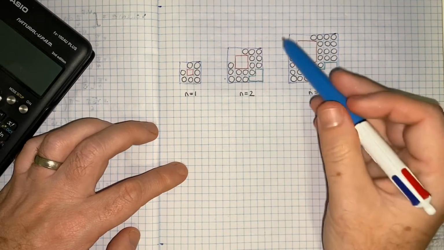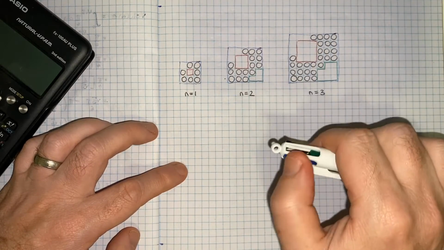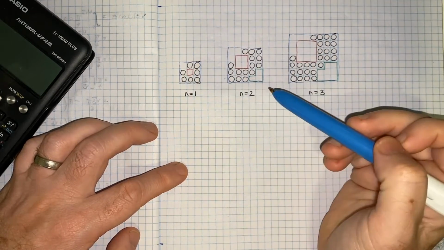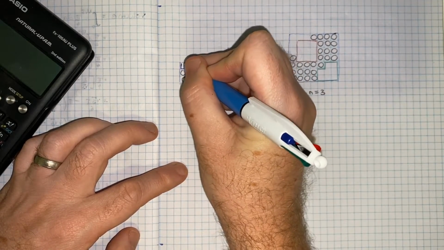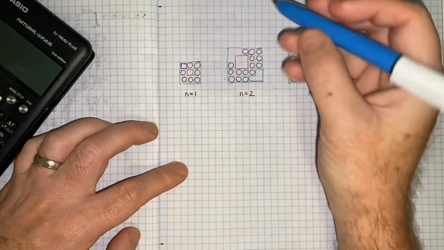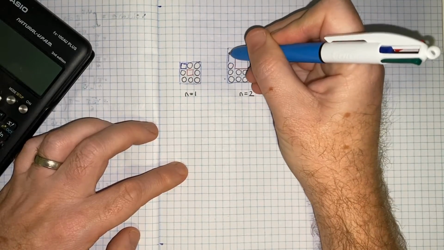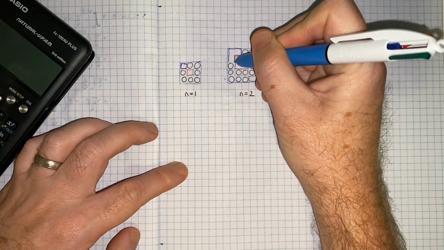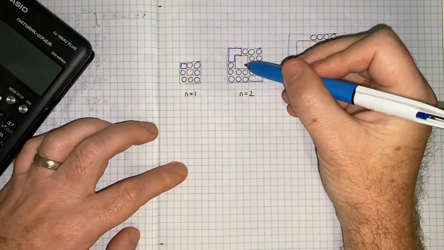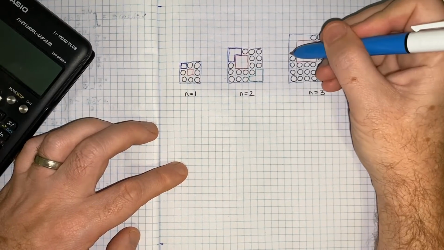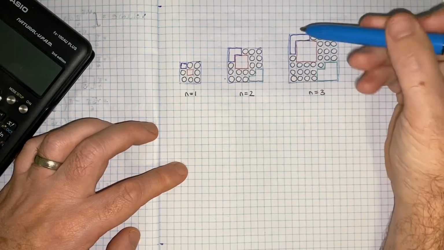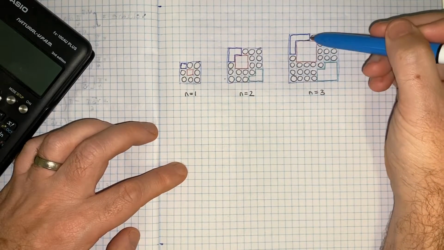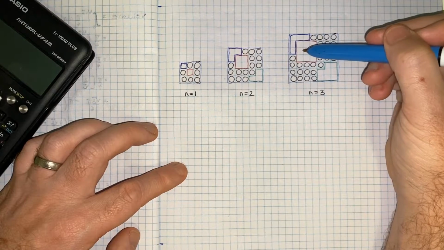Now the last element of the pattern is what's happening in the top left corner. So here we've got just a 1 by 1 square up in the top left. Here we've got, again, a square, in this case 2 by 2 with 1 missing. And here you can picture this as, again, a square, in this case 3 by 3, but with 2 missing.